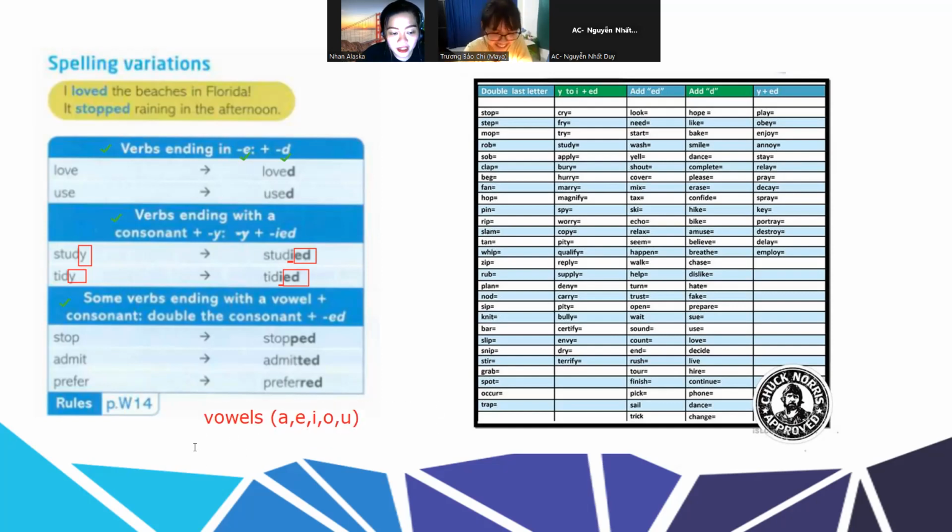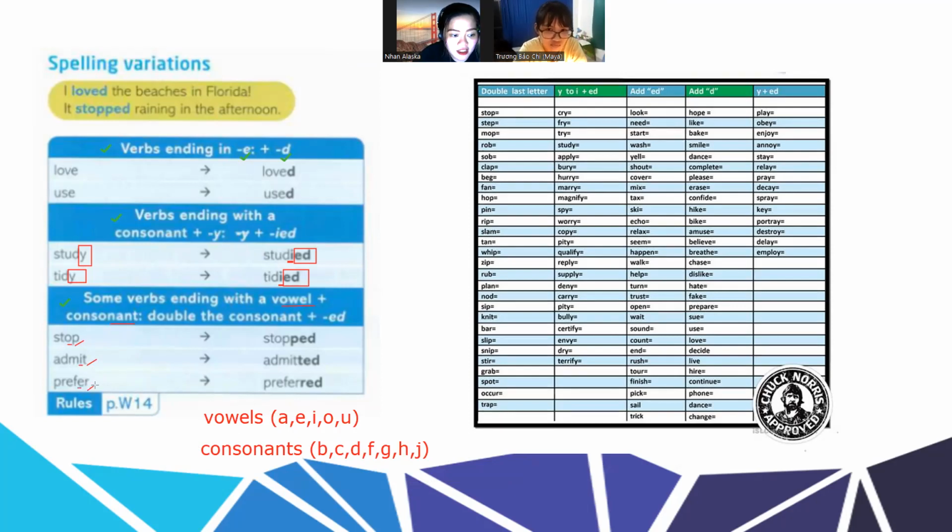All right. And then when we deal with consonants, of course, the opposite of it. No need for explanation. B, C, D, F, G, H, blah, blah, blah. Okay. So with this, take a look at this. Let's analyze this one slowly. Some verbs ending with a vowel and consonant. So here, stop. Vowel, consonant. Admit. Vowel, consonant. Refer. Vowel, consonant.